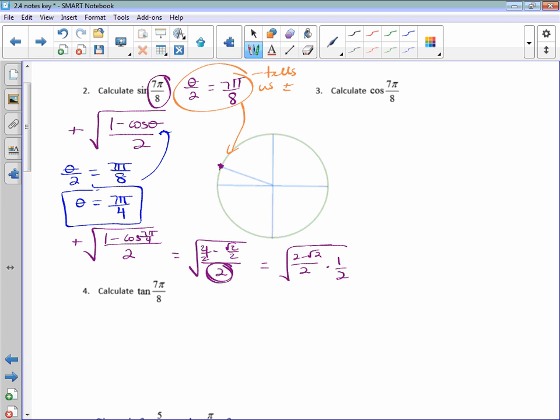Okay. So the big square root of 2 minus root 2 all over 4. But can I take the square root of 4? Yes. So your final answer is the positive square root of 2 minus root 2, all over 2, because you've taken the square root.